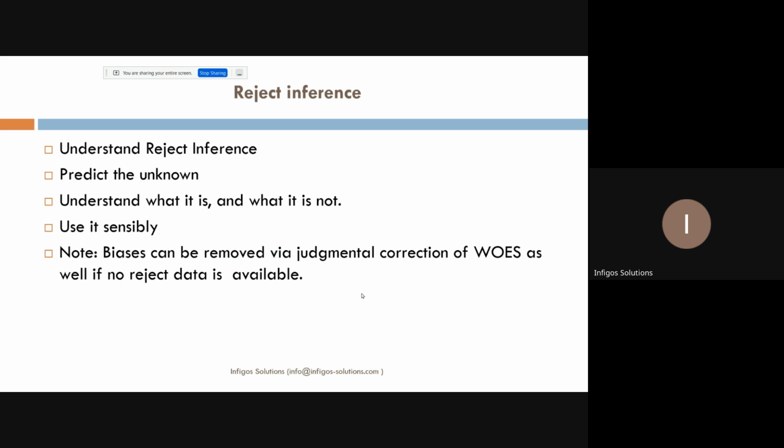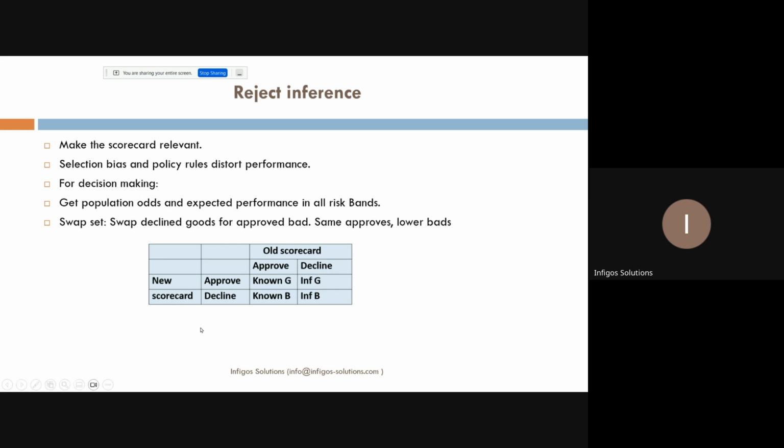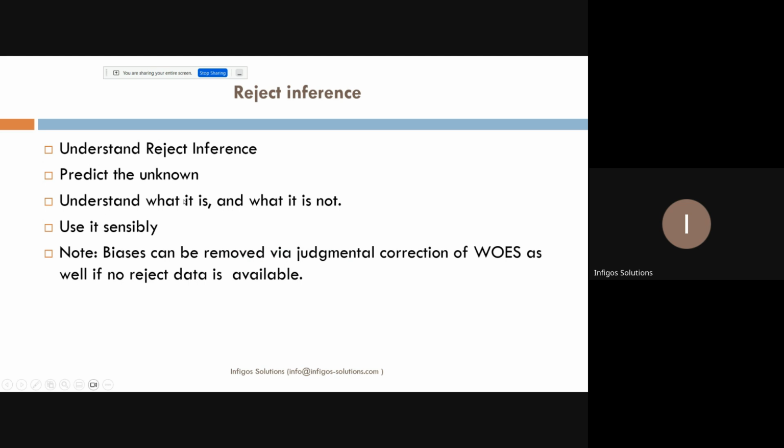So here, inferring the rejected means predicting the unknown, and then after predicting the unknown, you will combine that with the original data, and you will make a scorecard again, the same process. If you can remove the bias with judgmental correction, then you don't need to do reject inference if you don't have that data.